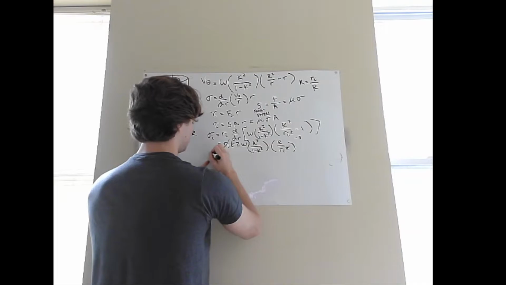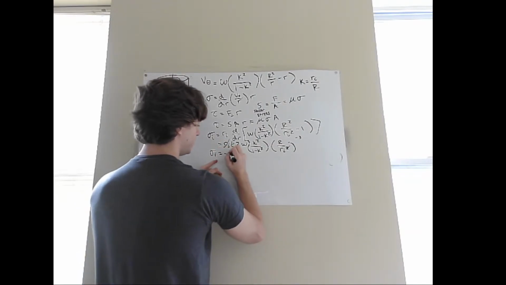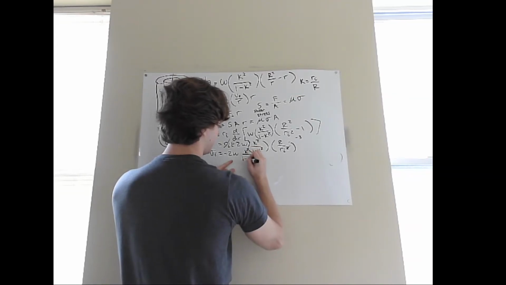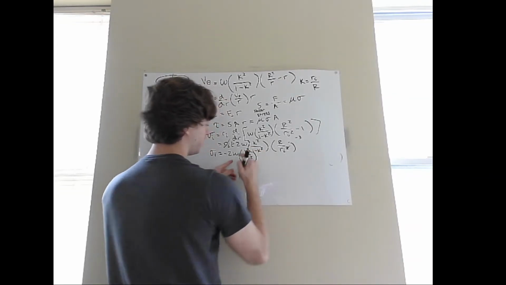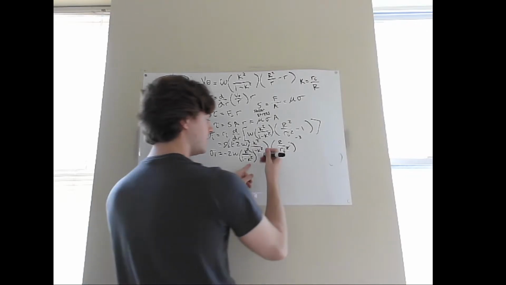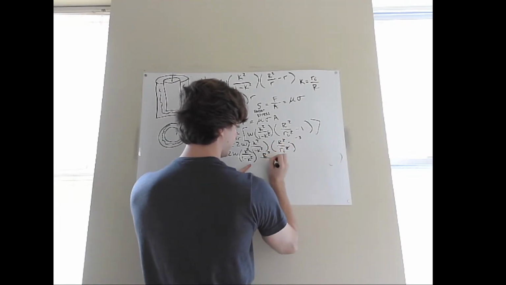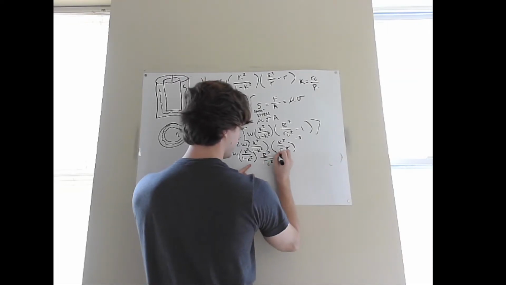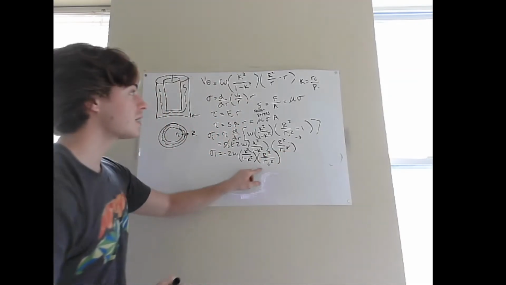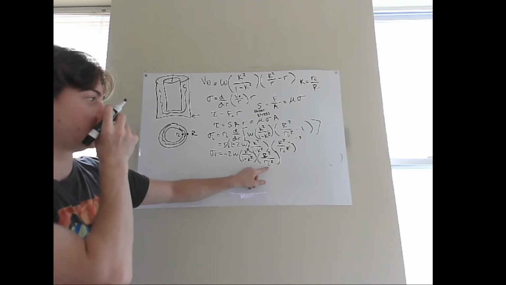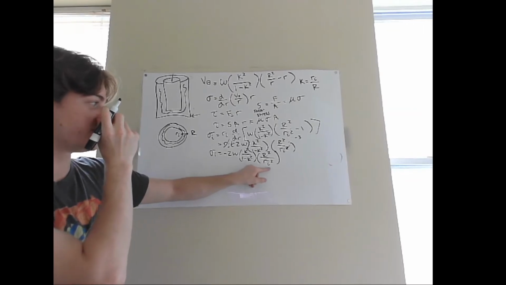So the torque on the inner radius will be negative 2 omega times the ratio of our radii squared over 1 minus the ratio of the radii squared times our outer radius squared over the inner radius squared. And so if you haven't noticed already, this is just the ratio of the outer radius squared over the inner radius squared.